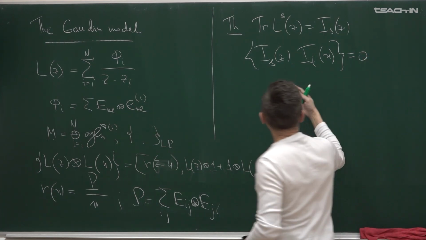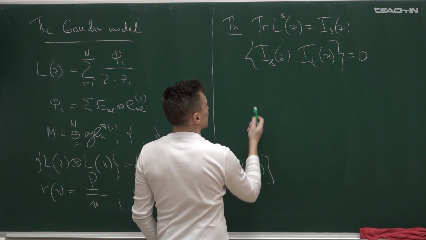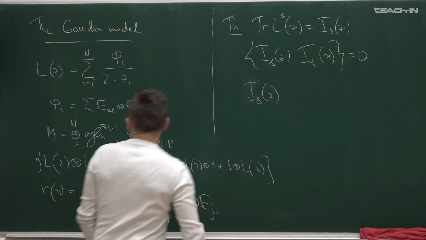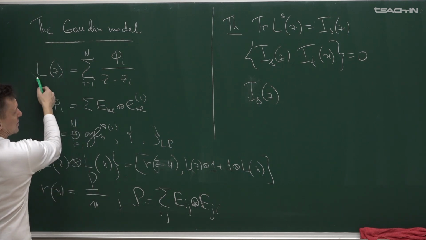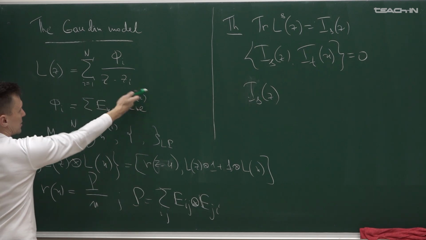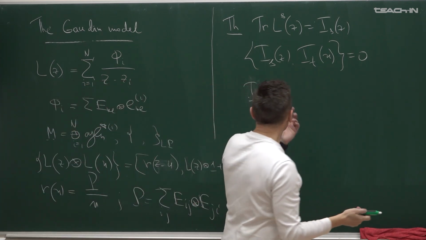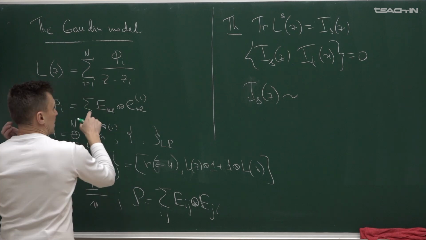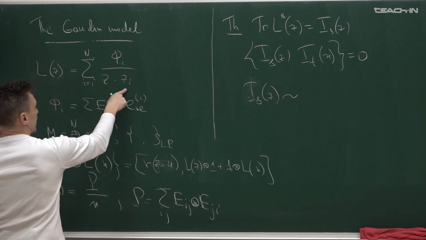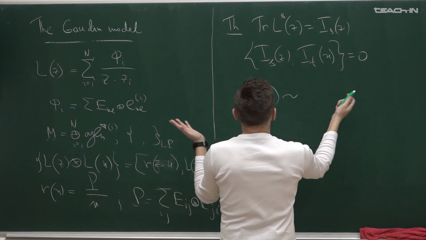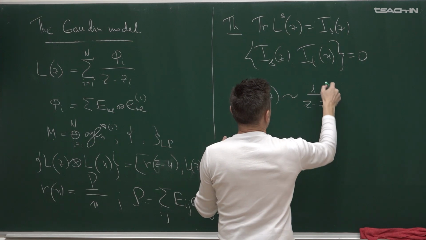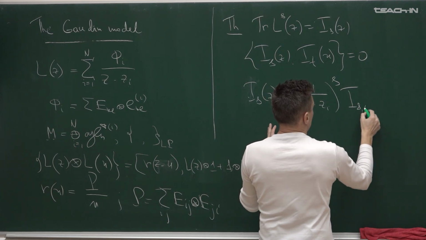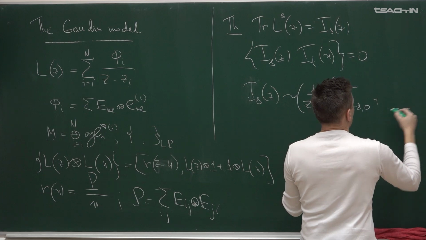And it means that if we consider coefficients of these rational functions, so I_s of z, the trace of the power of this rational matrix, it will be a rational function of z, which has Laurent decomposition at the point z_i, 1 over (z minus z_i) to the power s with some first term plus lower terms.